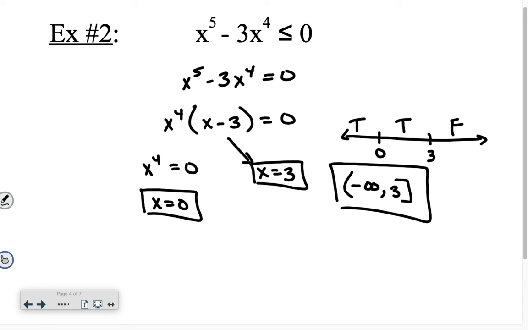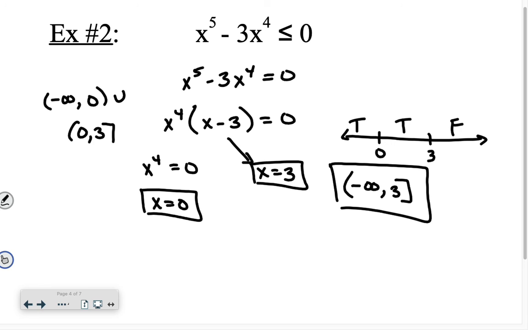So the next question that I have for you then is, somebody in one of the other classes said, well, what if that 0, what if we weren't including it, and we had true, true, false? I'm going to write it down. You can write it down if you want to, but just so you understand it. If I had this interval and that interval, but not 0, here's what you would write. You would go -infinity to 0, not including that, union 0 to 3, not including 0.